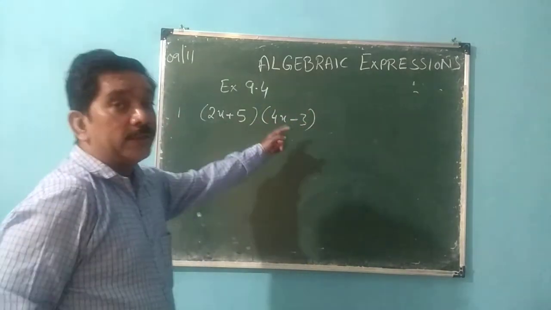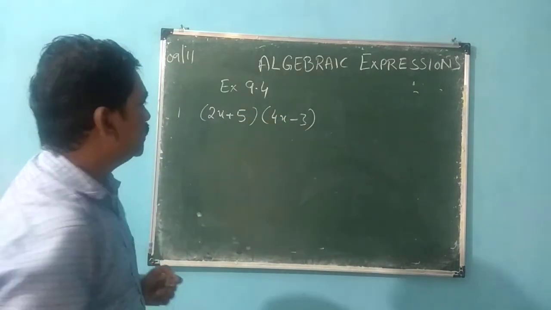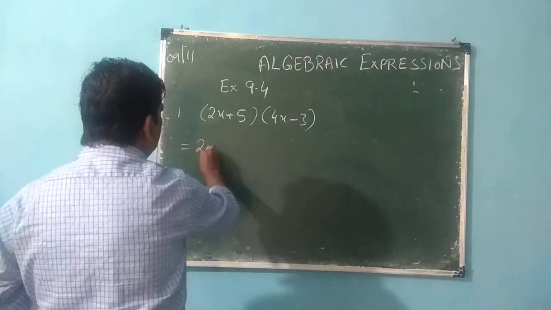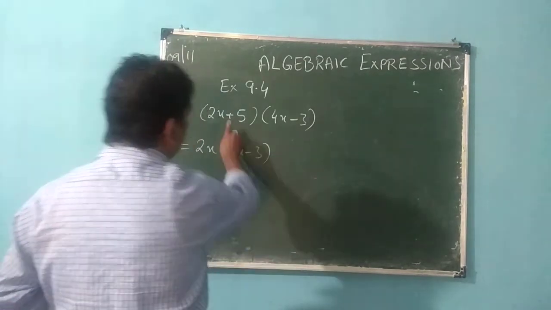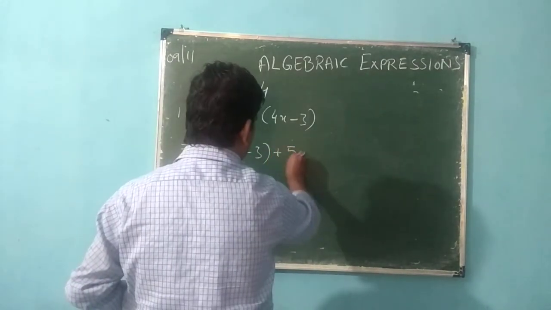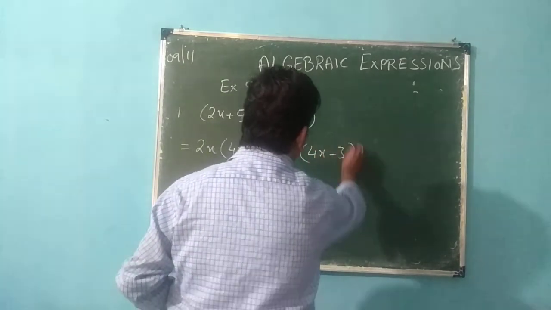Both are binomials. So we are multiplying one binomial with the other binomial. How to multiply? 2x in the bracket 4x minus 3. Again plus 5 will come here. 4x minus 3.